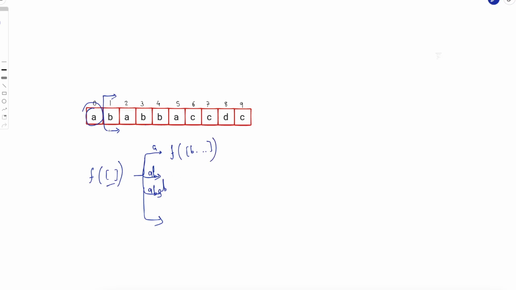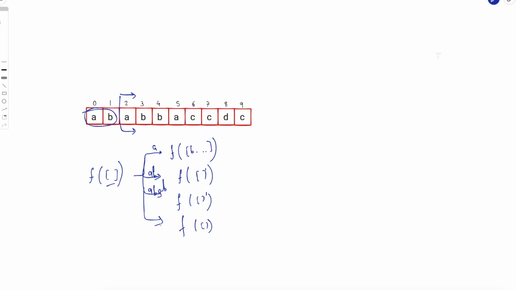Similarly, when you choose AB as the first partition, what you want is the minimum number of partitions I can partition the remaining string into, right? So for that again you can call the same function with a reduced array, right? And similarly for this one and this one as well, you can call the exact same function with some reduced version of the array, right?